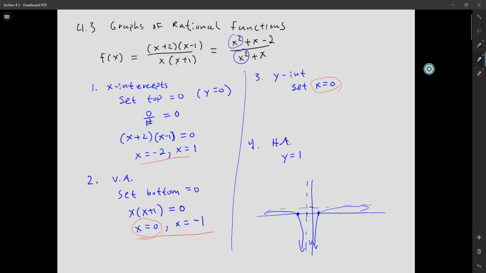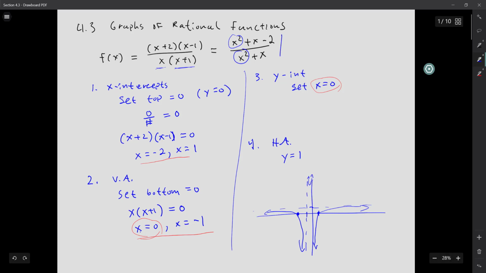I can plug in a number to see if it's top or bottom, but I know from other problems that this is just going to be up here. And the reason I know is because these asymptotes, I could say they have multiplicity 1. I'll show you what that means on the next example.